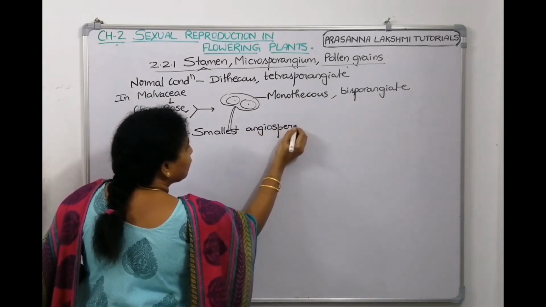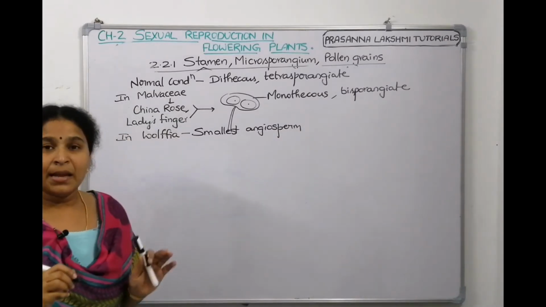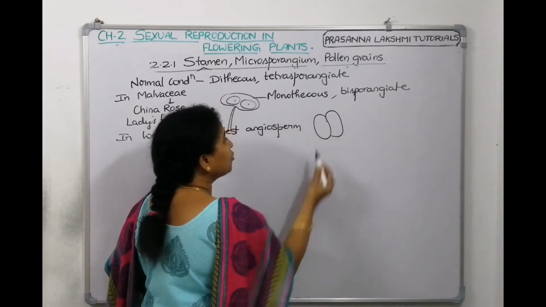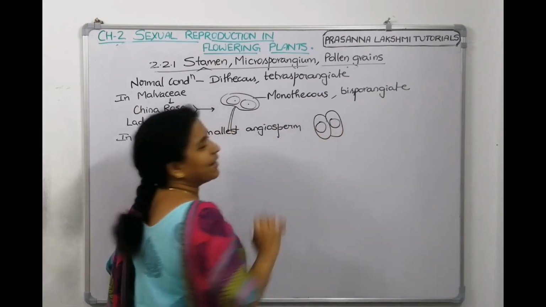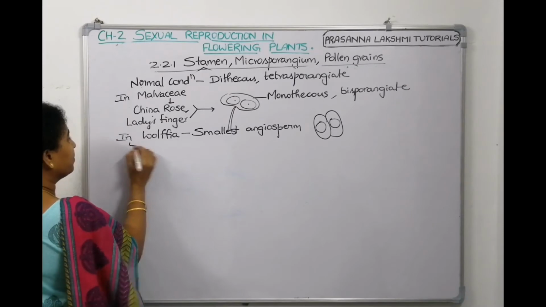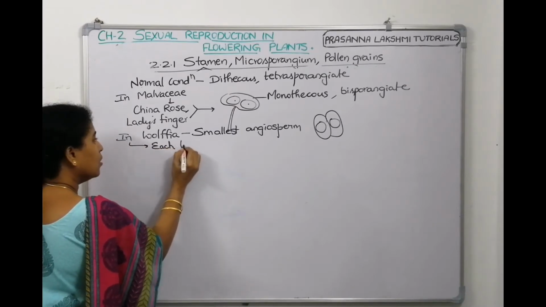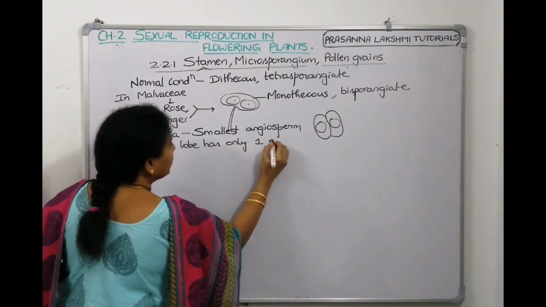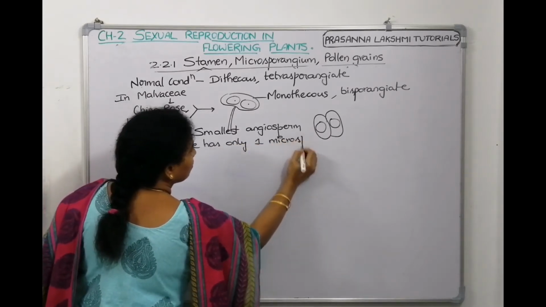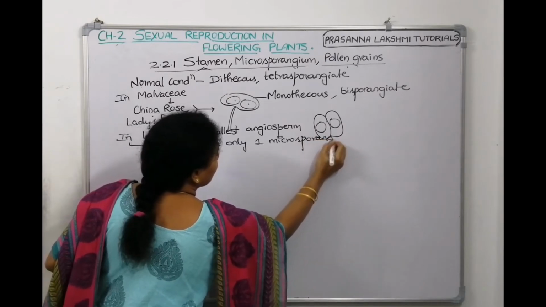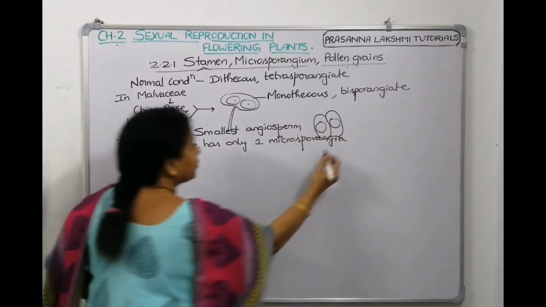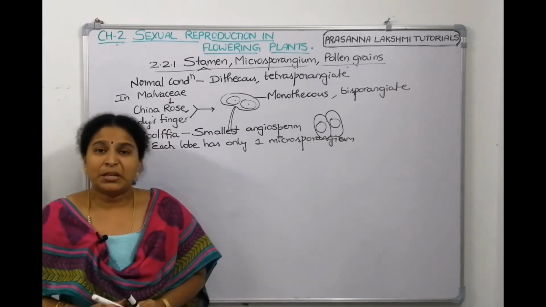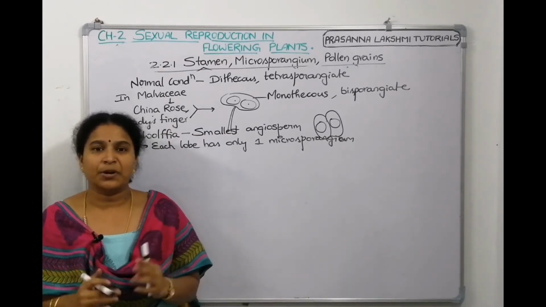Now what is the speciality of this Wolffia? In Wolffia, 2 lobes will be there, but each lobe has only 1 microsporangium. Understood? So all these are the exceptions, but the general case is dithecous tetrasporangiate.